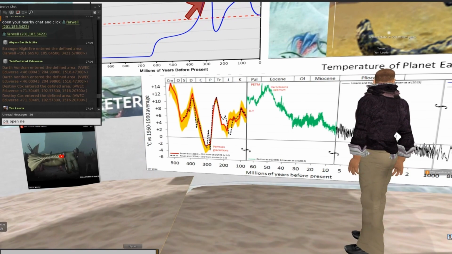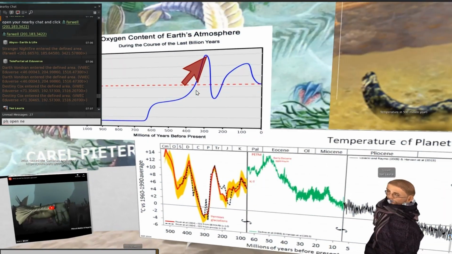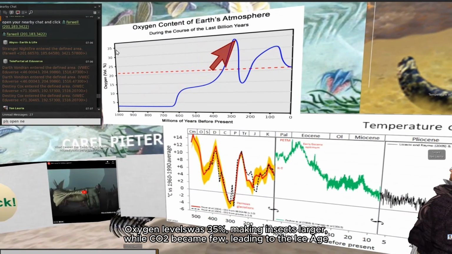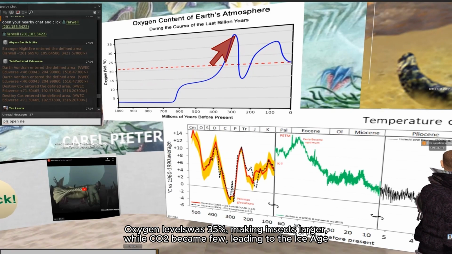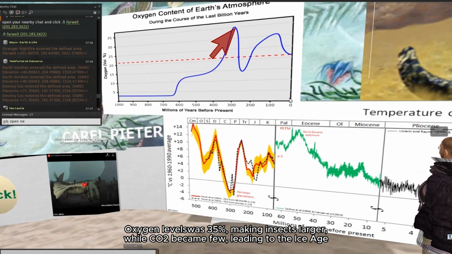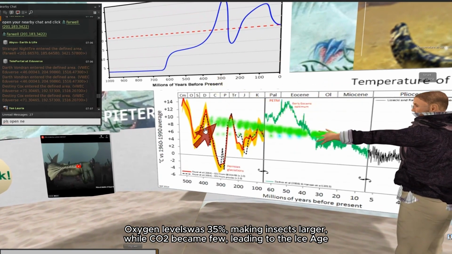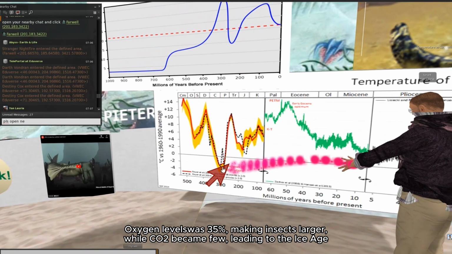The giant ferns also increased oxygen, like this, to levels of up to 35%, making insects larger, while CO2 became fuel, leading to ice ages, so cooling down.